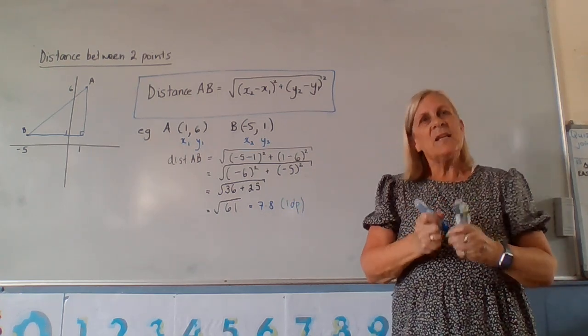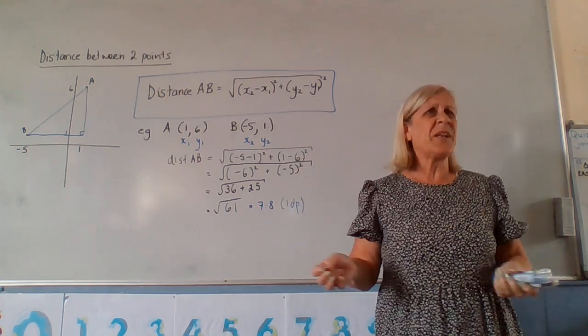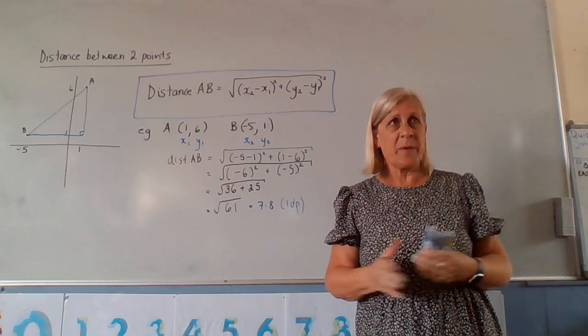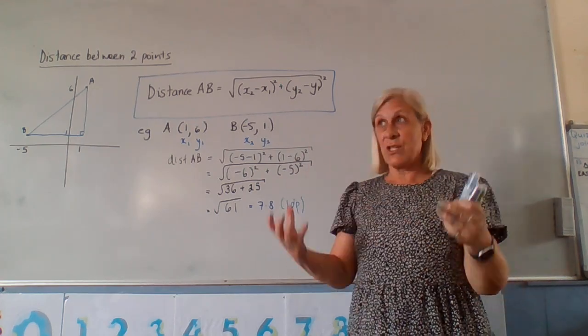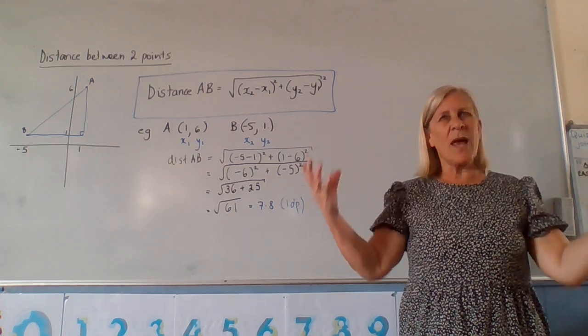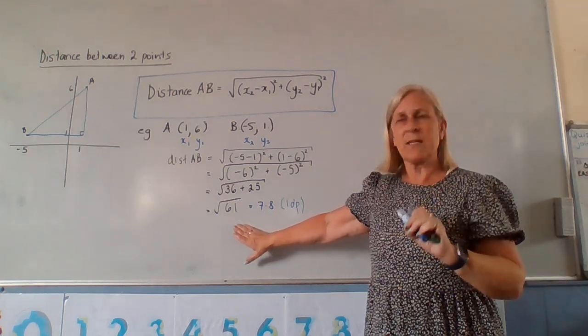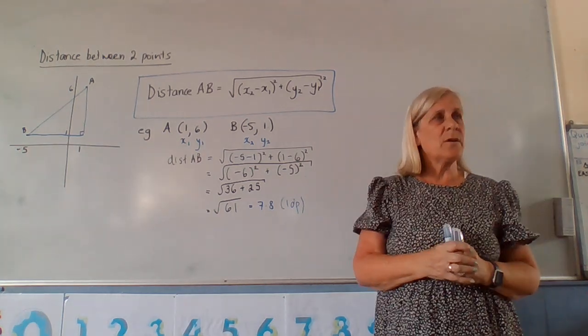So if I was actually saying it's in miles, I would say 7.8 miles, because the square root of 61 miles doesn't mean much to people. But if my example was not in miles, it was something more abstract, then square root of 61 is the perfect answer. This one has a whole lot more numbers after it.